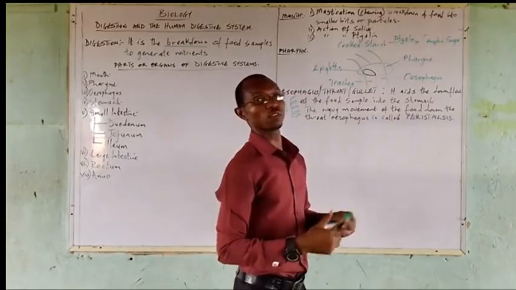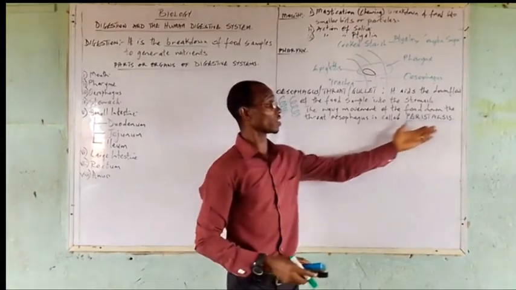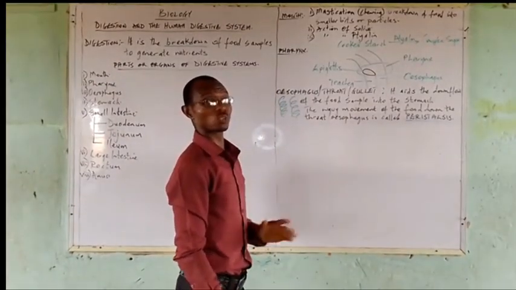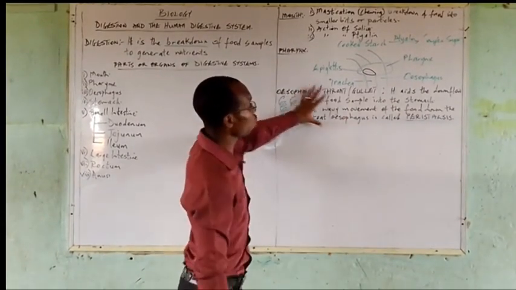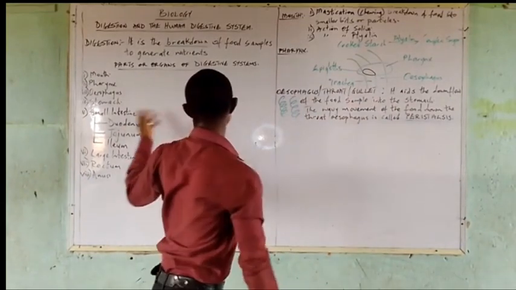The wavy movement of the food down the esophagus is what we refer to as peristalsis. That is what that process is called. When you are talking about this, it is very important that you tell us what that process is called. So the movement is what we refer to as the peristaltic movement, and so the food goes down in that manner into the stomach.